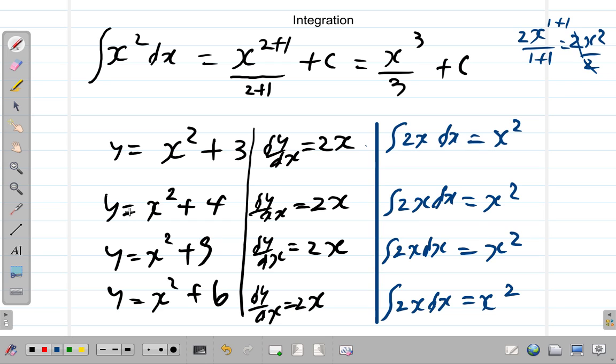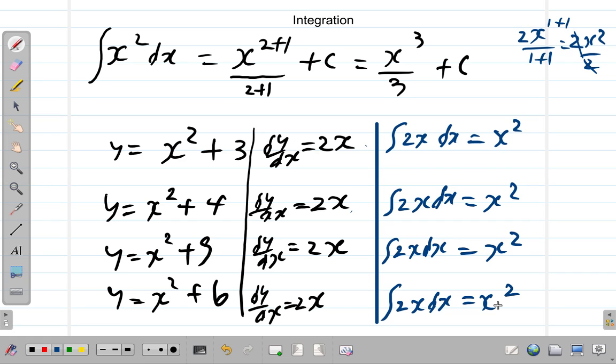Interesting. We differentiated x squared plus 4 and we get 2x. And then when we reverse it by integrating, we got x squared, we didn't get plus 4. What happened to the plus 4? X squared plus 5, we differentiate and we get 2x. And then when we integrated 2x, we get x squared, but we don't see the 5. We don't see the 6 here either.